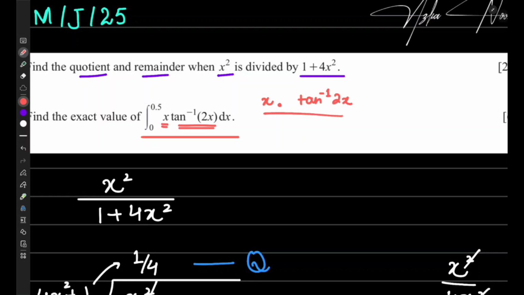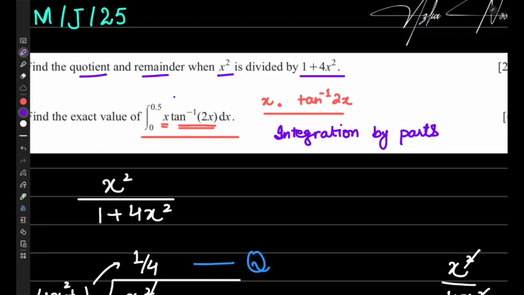So in this particular case we have to use integration by parts. Okay, what is integration by parts? That when two expressions or two operators are being integrated, they are multiplied together. It's like the product rule of integration.